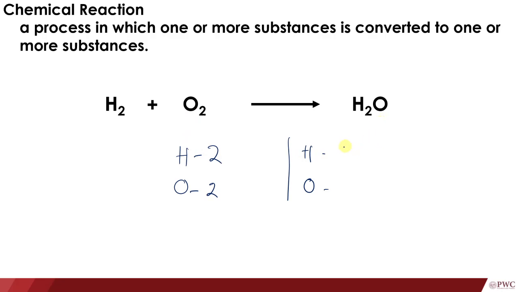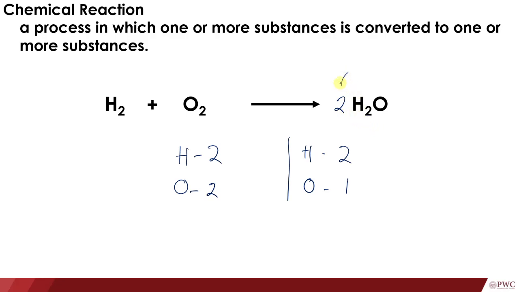On the right side, we have two hydrogen atoms and one oxygen atom. So obviously this one is not balanced. Hydrogen is balanced for now. For oxygen, we have two oxygens here, but we only have one oxygen in this molecule. So to explain this, maybe there are two water molecules produced from this reaction.